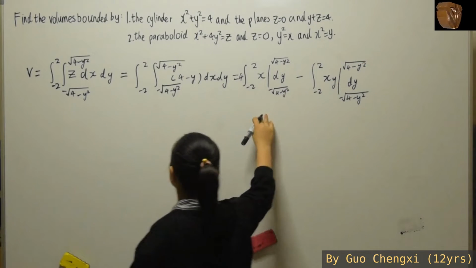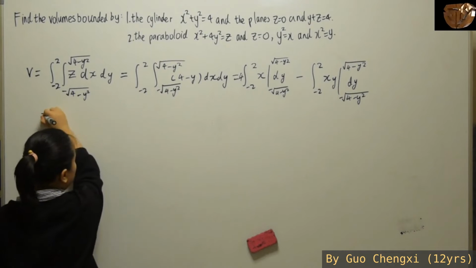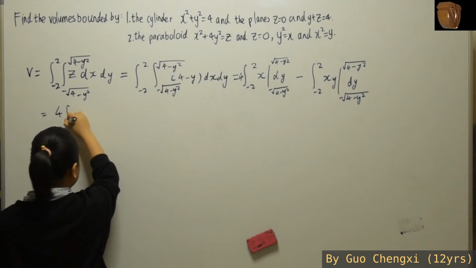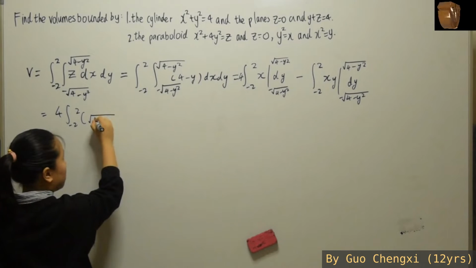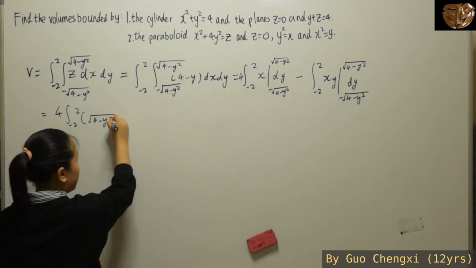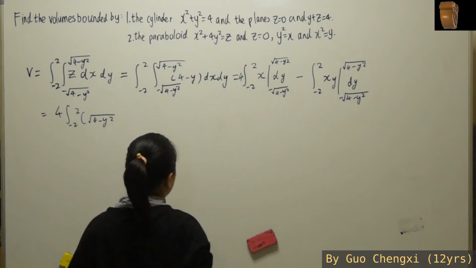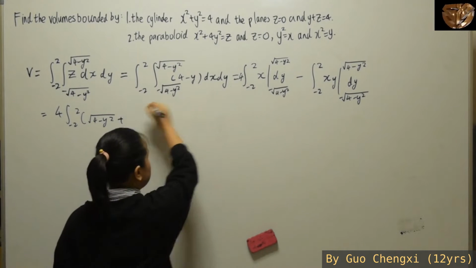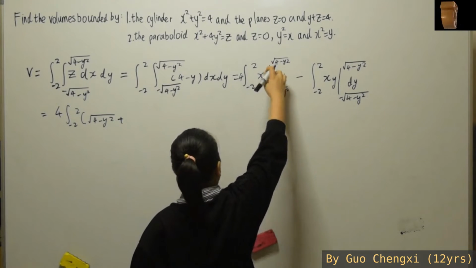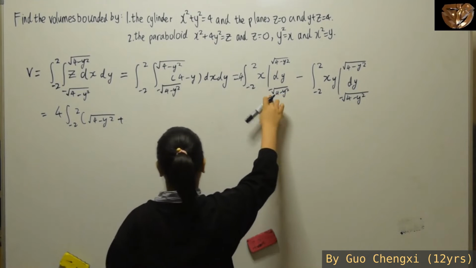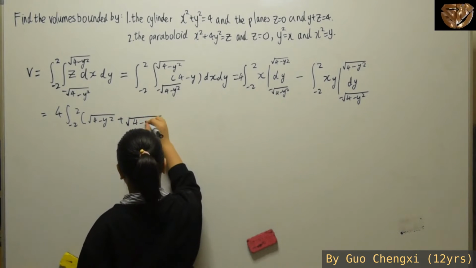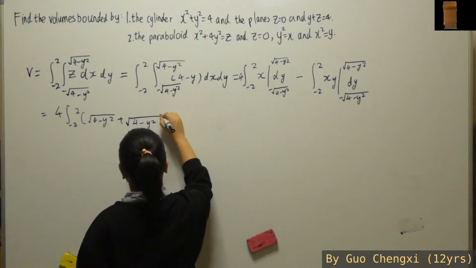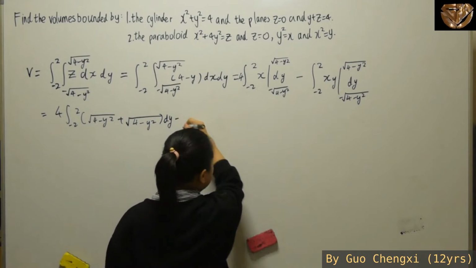And now when we substitute these parts inside, what we're going to have is 4 times the integral from -2 to 2 of square root 4 minus y squared, and then you plus, because there's a negative over here by the boundaries, and we also have another negative here, so negative becomes positive, and plus 4 minus y squared dy, minus.